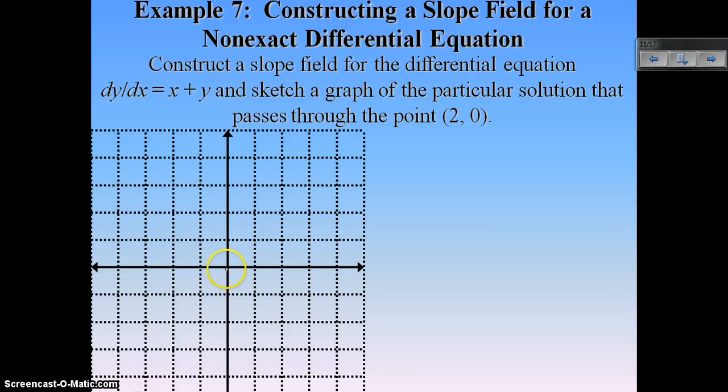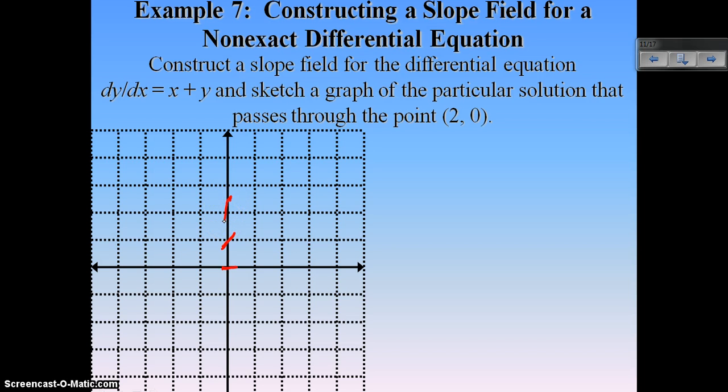For instance, right here at 0, 0, the origin. If I plugged in 0 for x and 0 for y, I get a slope of 0. So I would come here and I would put a little slope of 0. But now I wouldn't do that going all the way up and down because this depends on x and y both. Here, x is 0, y is 1. Well, 0 plus 1 is 1, so I'd make a slope of 1.